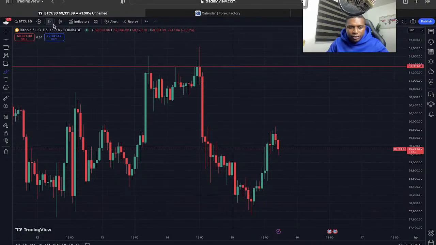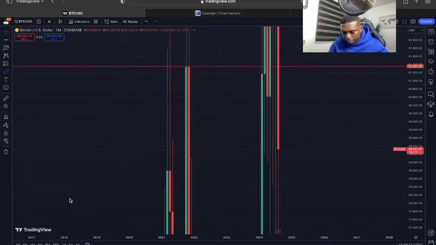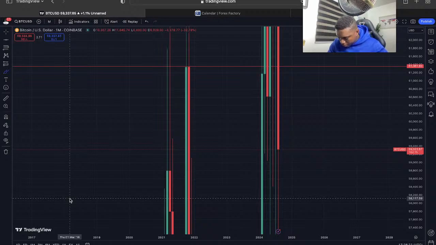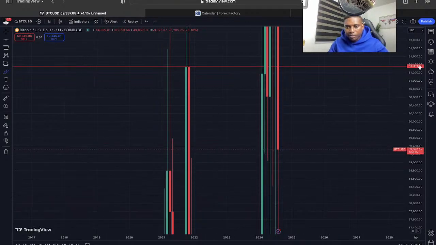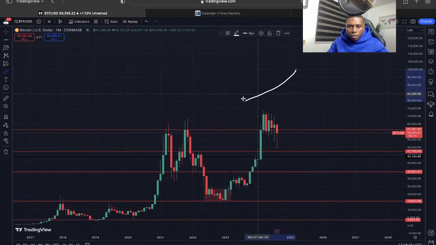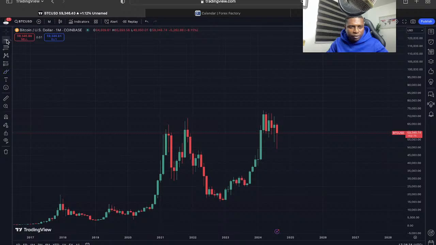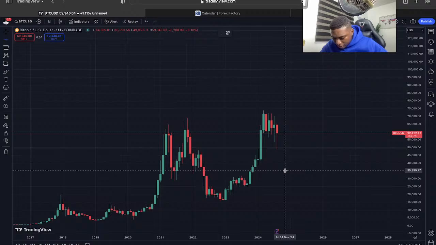Now here is BTC, and we'll start from the monthly time frame. For BTC, let's map out levels of support and resistance.